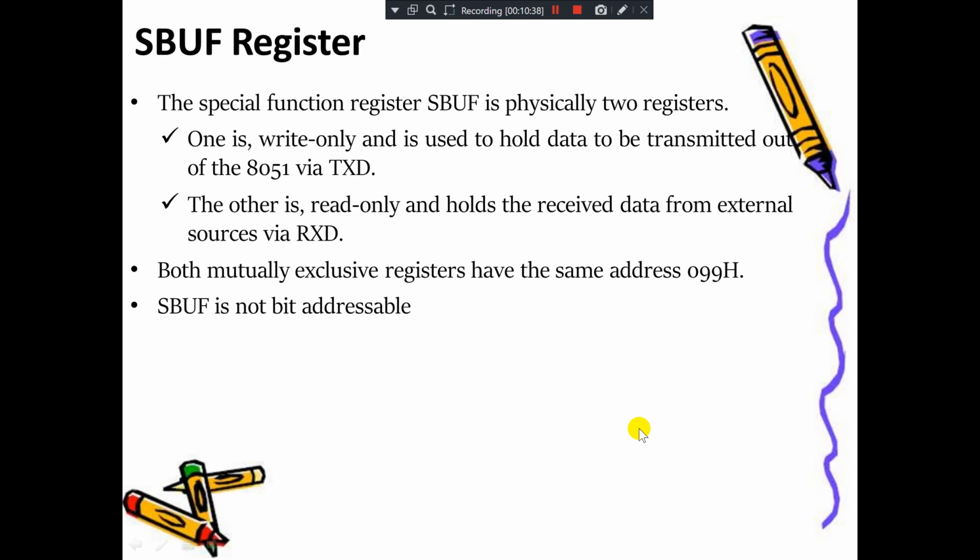The special function register SBUF is physically two registers. One is write only, used to hold data to be transmitted out of the 8051. The other is read only, and holds the data received from an external source via RxD. Both mutually exclusive registers have the same address, 99H. SBUF is not bit addressable.